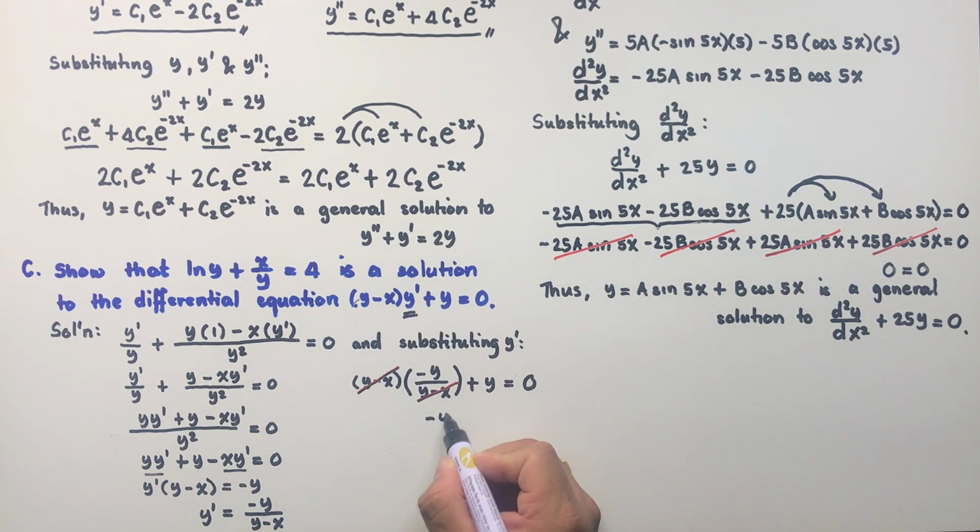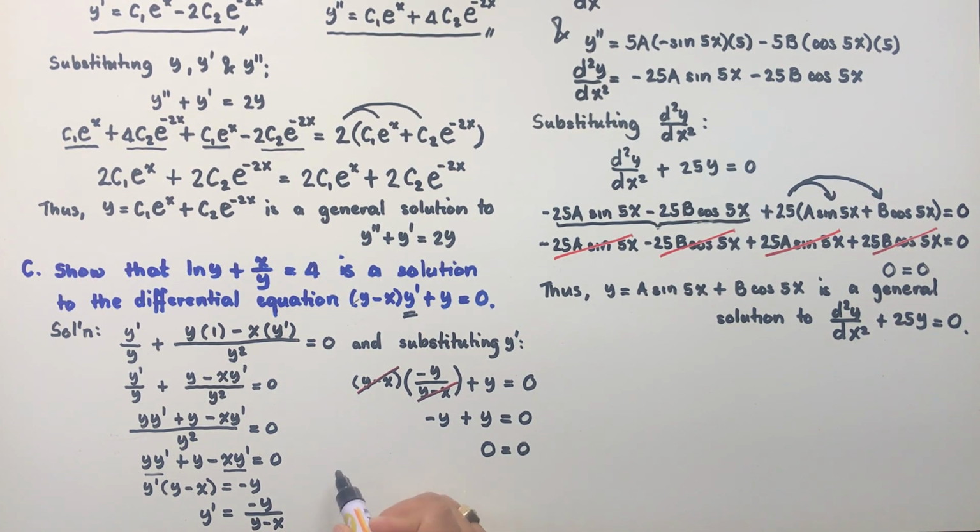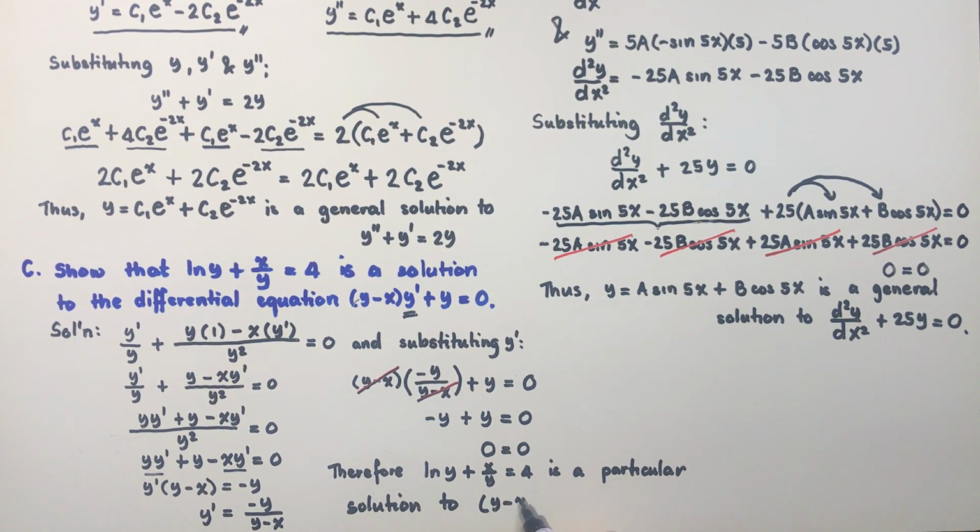So we have negative y plus y, and negative y plus y is 0. So we were able to show that this is an identity. Therefore, we say that the natural log of y plus x over y, which is equal to 4, is a particular solution to the given differential equation y minus x times y prime plus y is equal to 0.